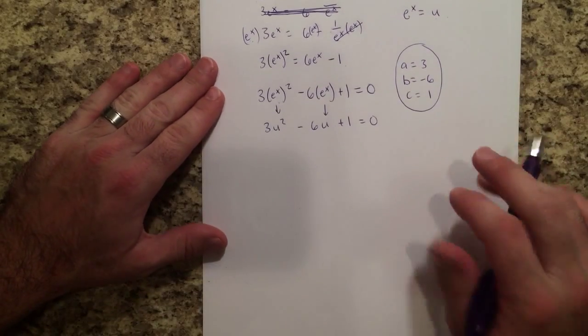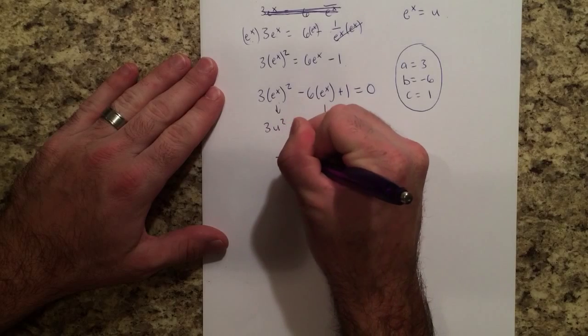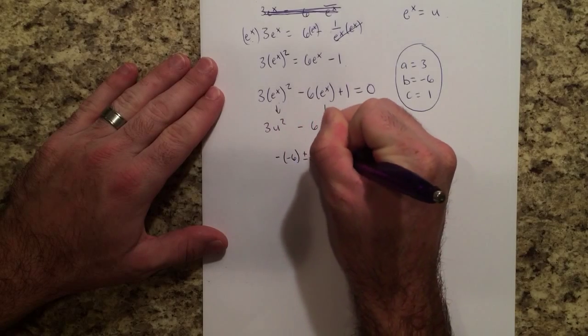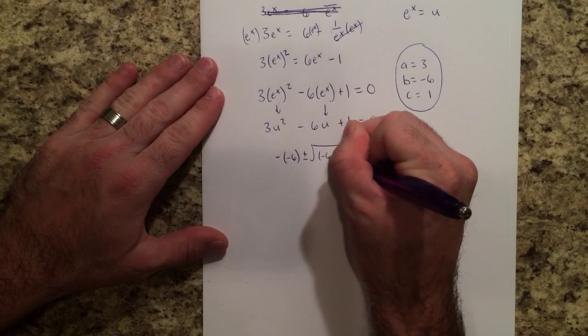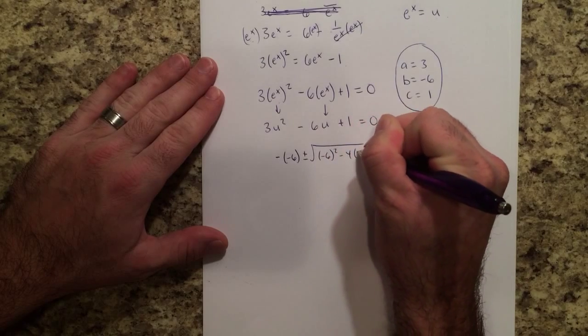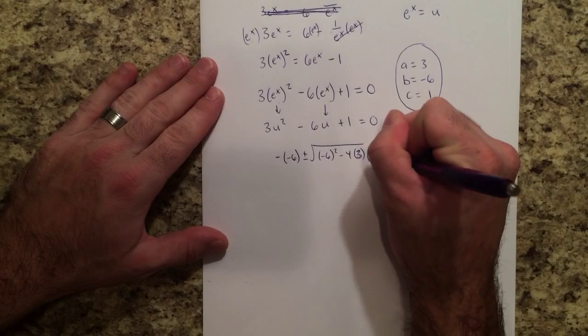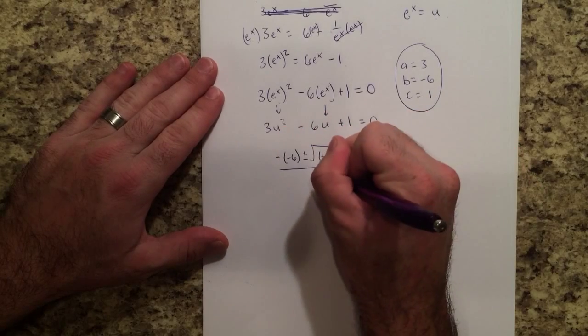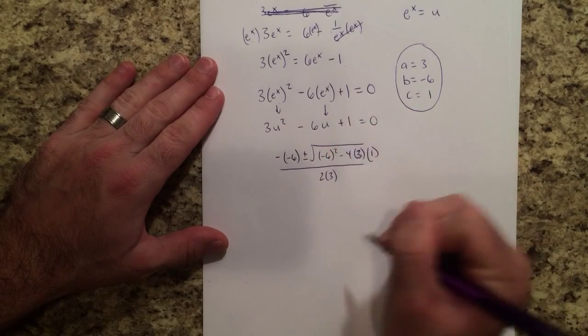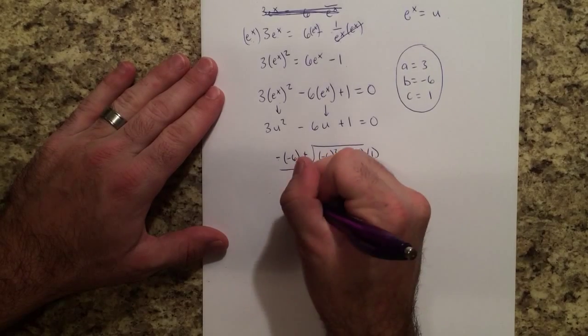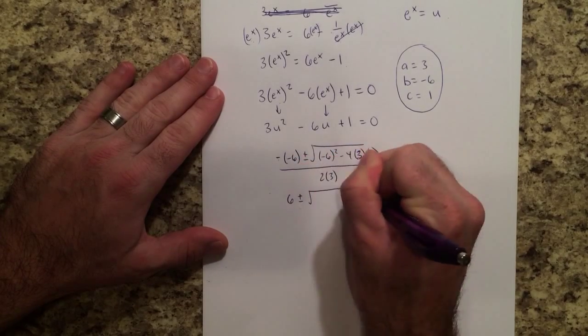I'm going to slide the paper up. So I have negative b plus or minus the square root, b squared minus 4 times my a times my c all over 2 times a. Alright, so a negative and a negative give me a positive 6 on the outside, plus or minus square root.